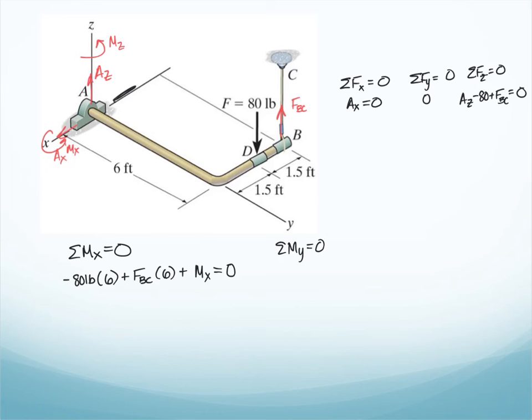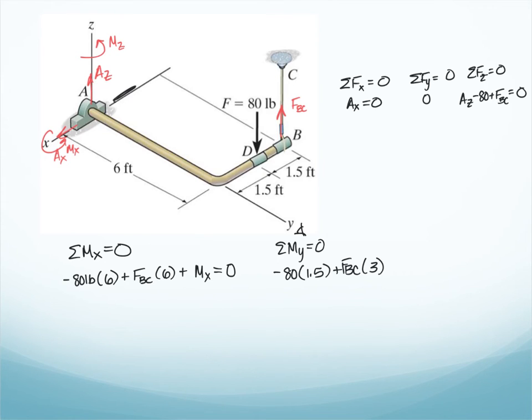The 80-pound force would cause a clockwise rotation, if I'm looking at the axis from right here. The distance is 1.5 feet. But the force BC is in the opposite sense, and so it causes a counterclockwise rotation, which is positive.